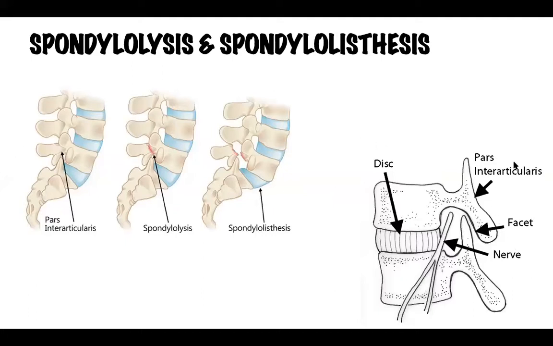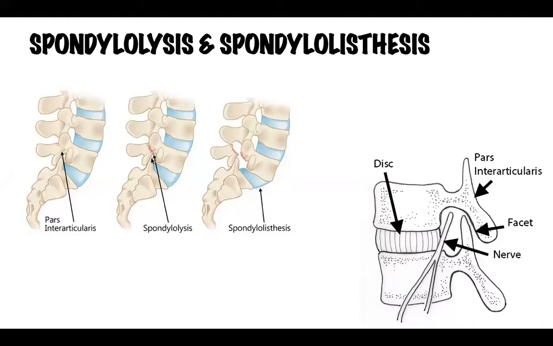What you see here are two vertebrae placed adjacent to each other. And this is a small segment of the vertebra called the pars interarticularis. In the condition called spondylolysis, there is a breakage of the pars interarticularis. This breakage can occur in 5% of the population.